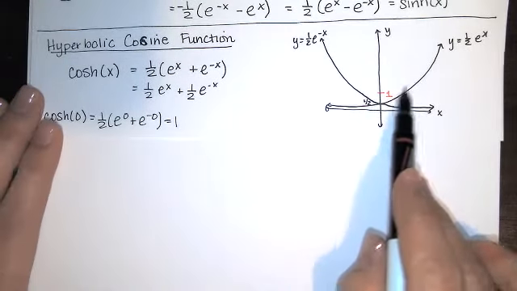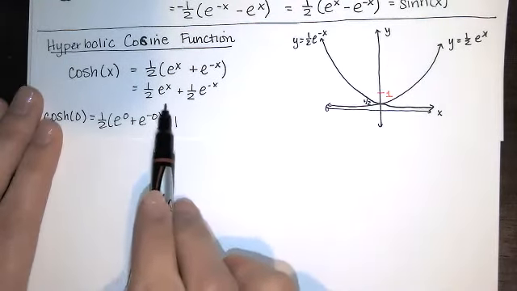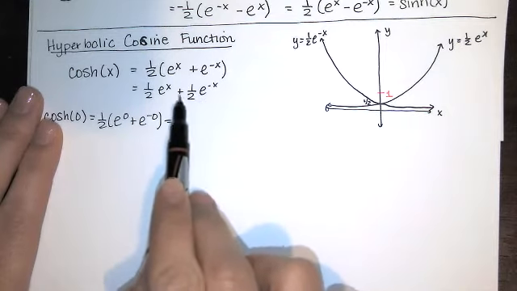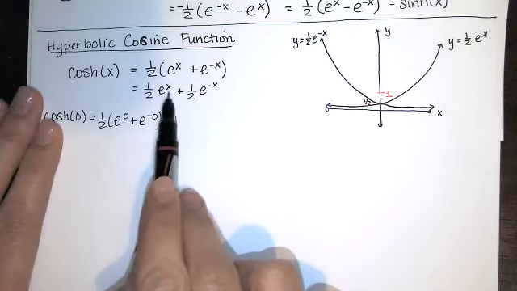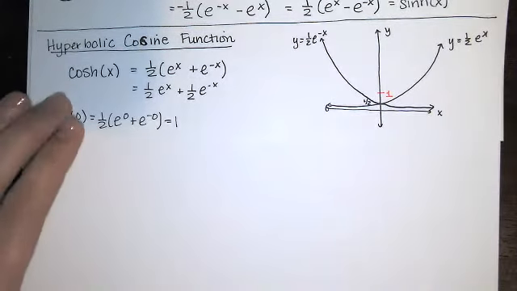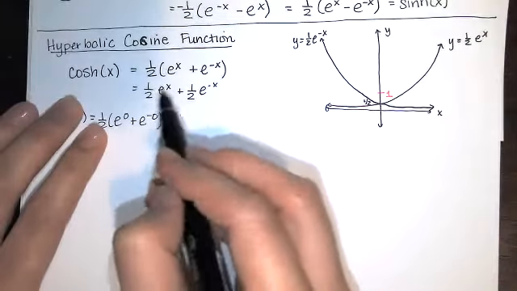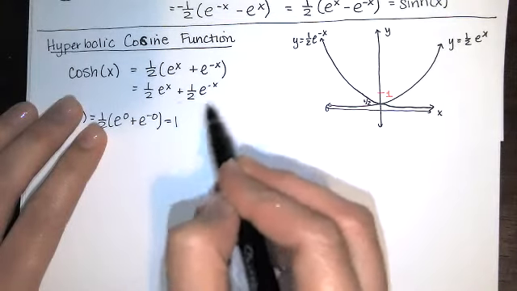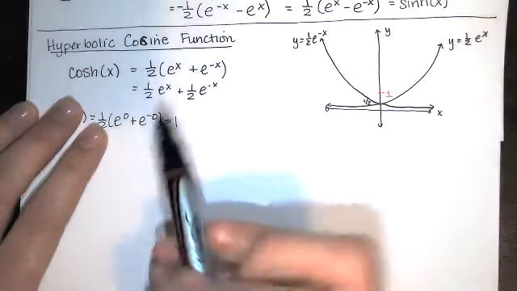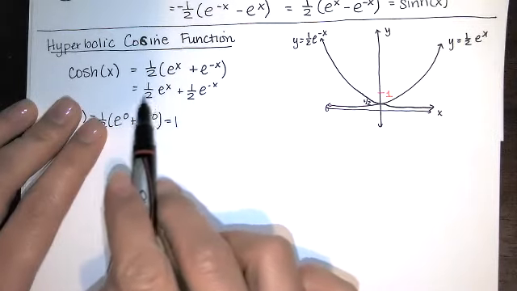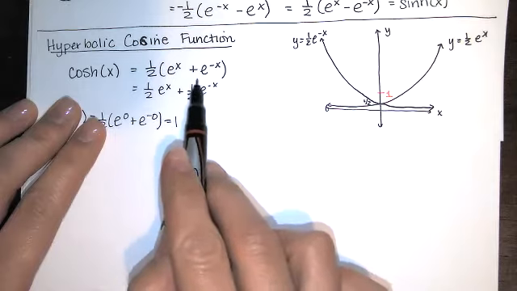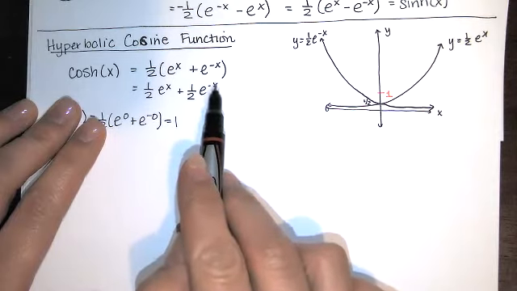And as x goes to positive infinity, this guy approaches 0, and this guy approaches infinity. So the hyperbolic cosine approaches infinity because this guy goes to infinity and that guy approaches 0. But it's more important to think about how it approaches infinity. As it approaches infinity, this is e to a large negative power.